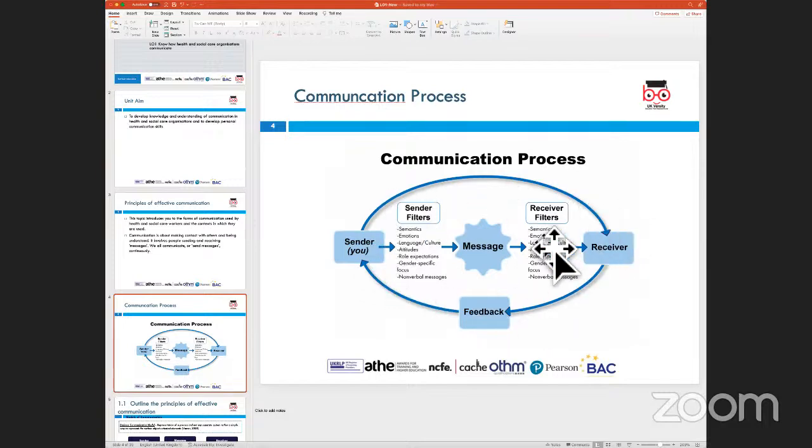Now, in between, there is a lot of processing happening. This processing happens between when I'm sending something across and when you're receiving it at your end.